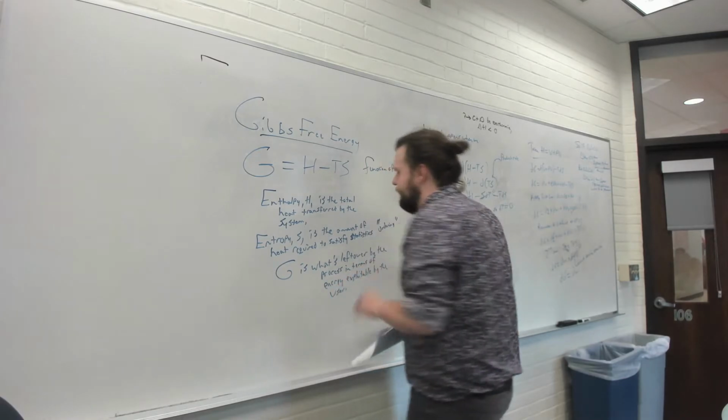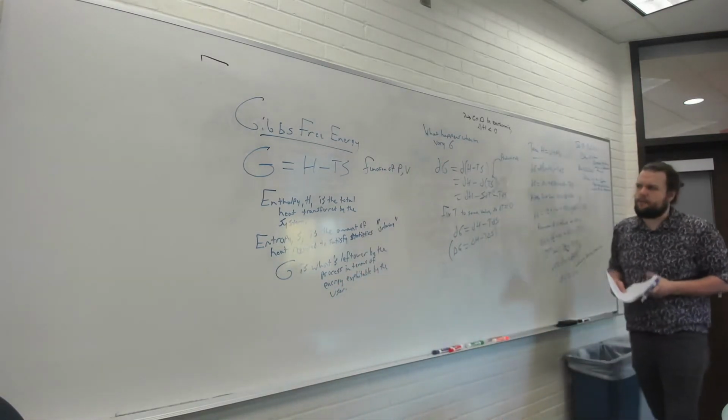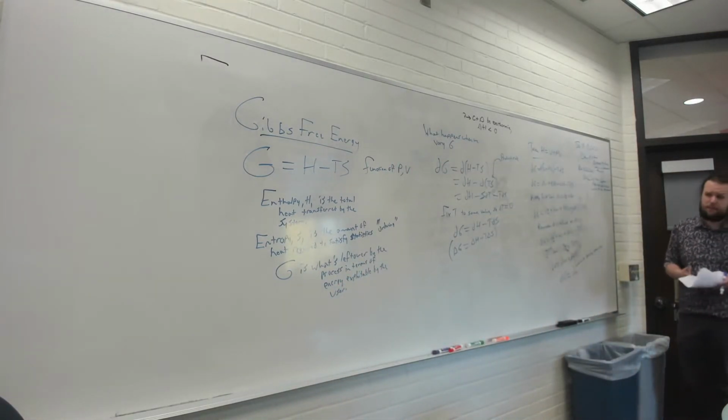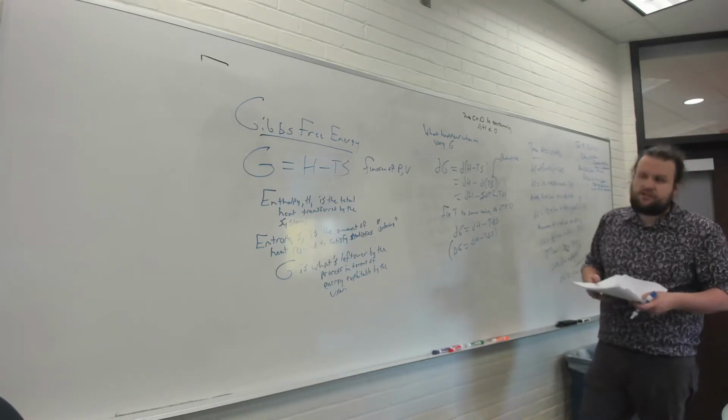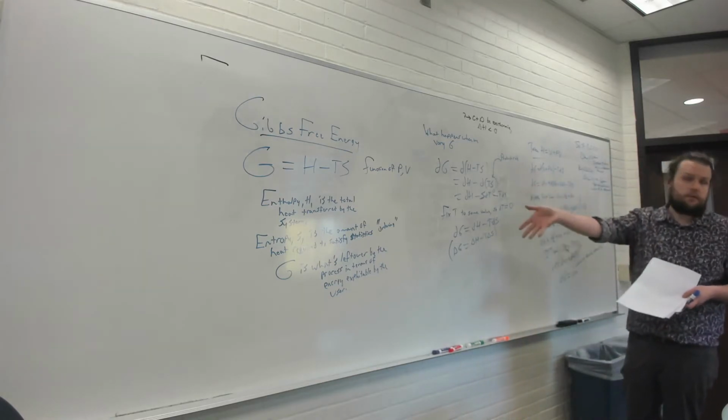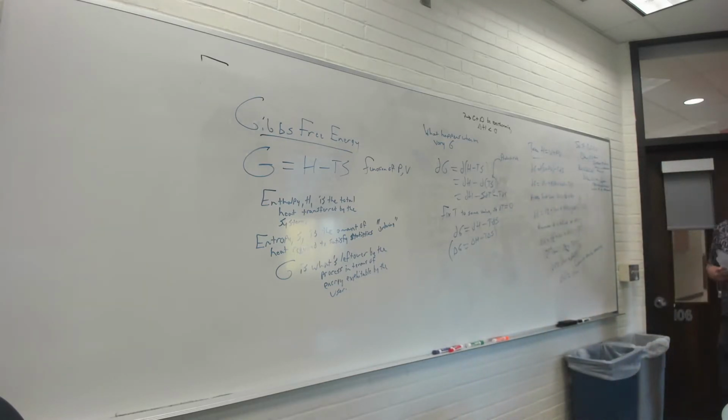So naturally, if we want a process to go to completion without us having to put more effort into it, then we want to set up the system so that delta G is always less than 0. That will drive the system to completion, or to something that looks like completion.